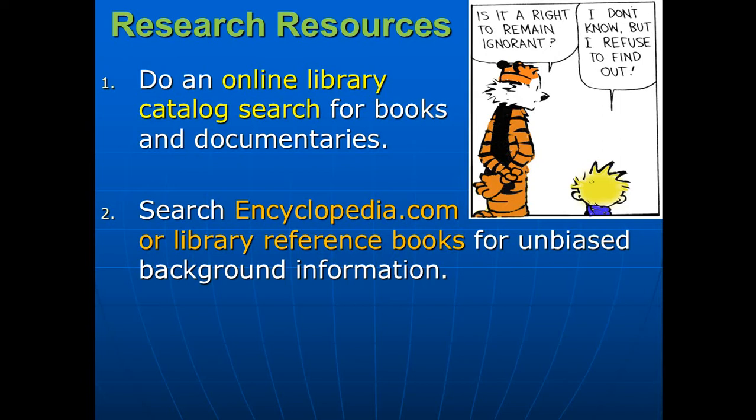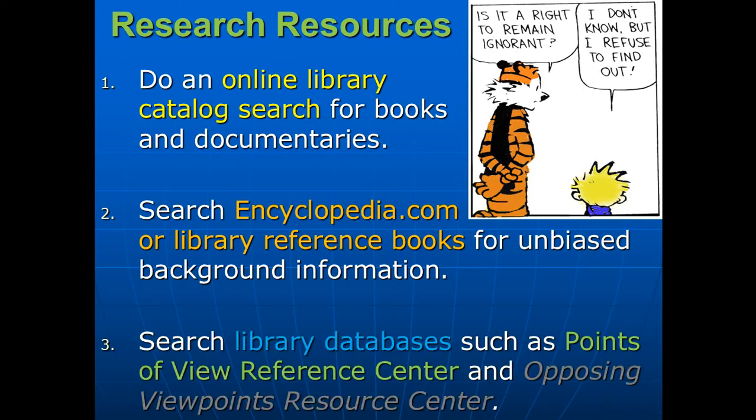You could also look at library reference books if you want unbiased background information, which is a good thing to include to help you get a better understanding of your topic. And then finally, library databases are great sources for finding articles. Some of my favorites are Points of View Reference Center and Opposing Viewpoints Resource Center.